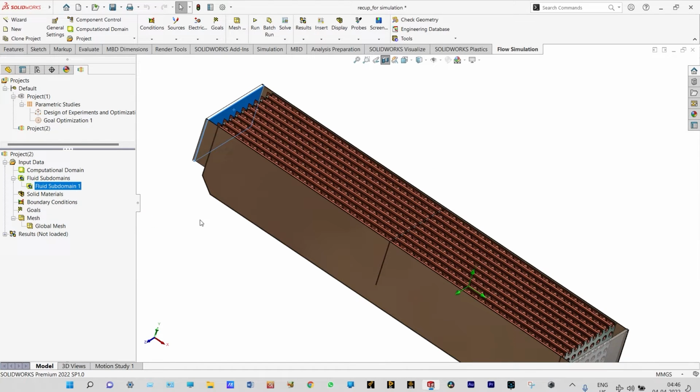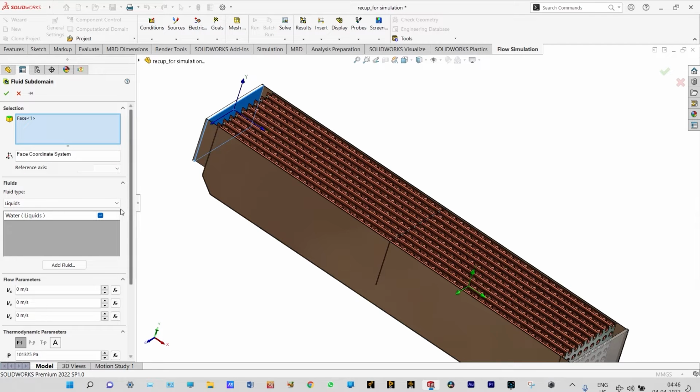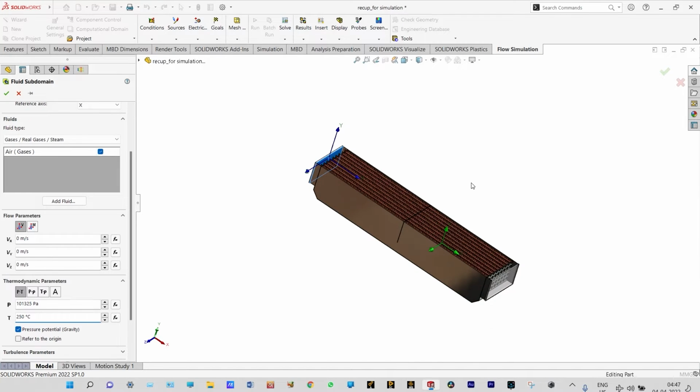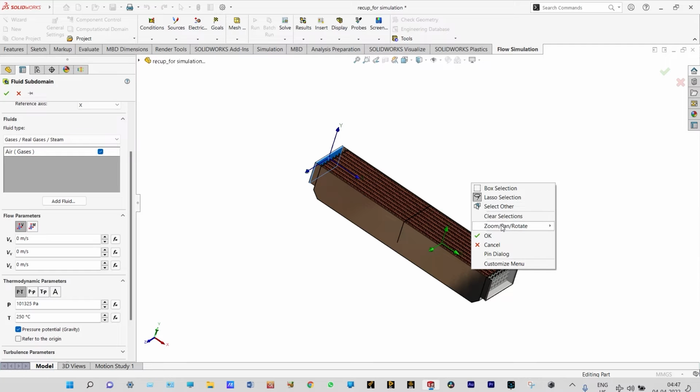Next to that, we want to see fluid subdomain for hot air. So again, insert fluid subdomain. It will be air, and that will be passing from this side at a temperature of 250 degrees centigrade. Let us increase the temperature from here. It will be 250 degrees centigrade air. Let us rotate this one a little bit.